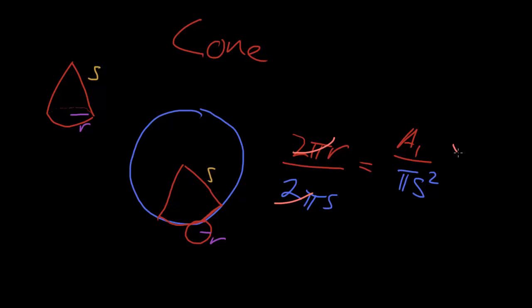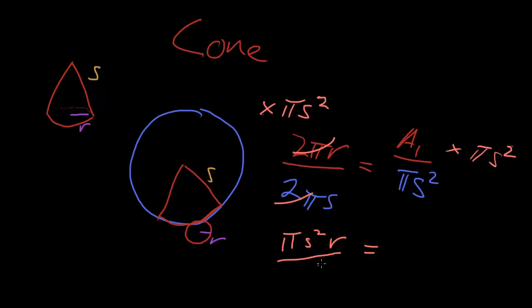Then I can multiply both sides by pi s square, which equals pi s square r over s equals the lateral area. Now I can simplify by removing this s as 1, so therefore the lateral area is pi s r.